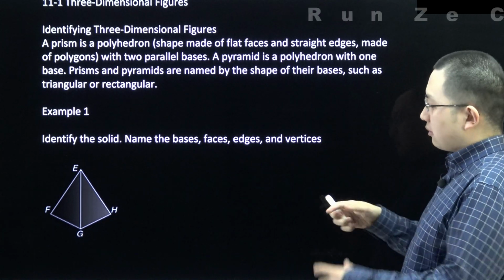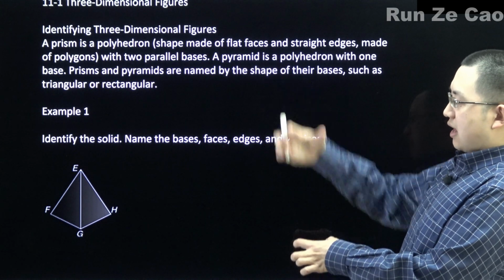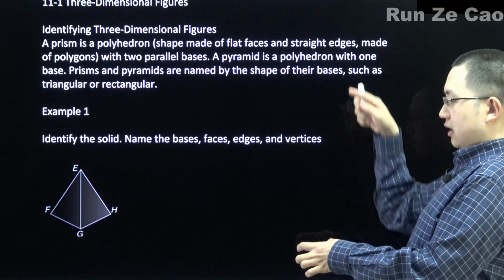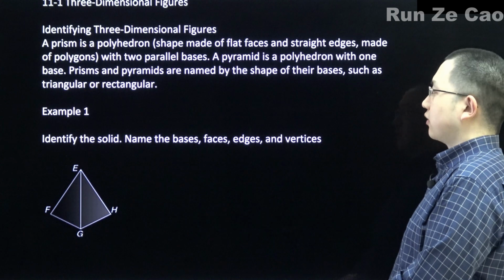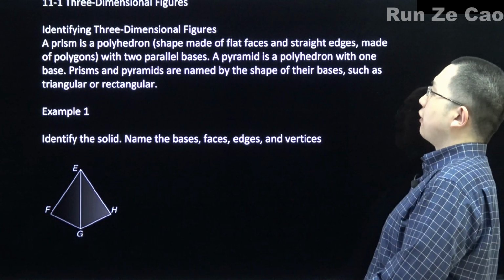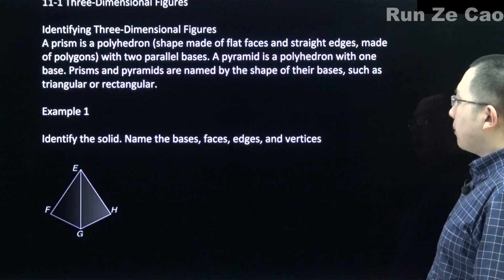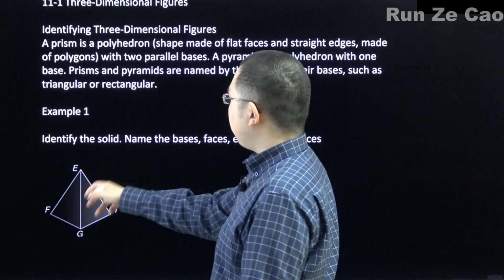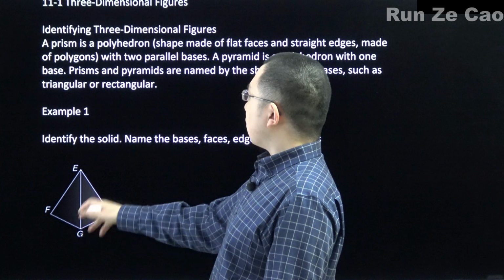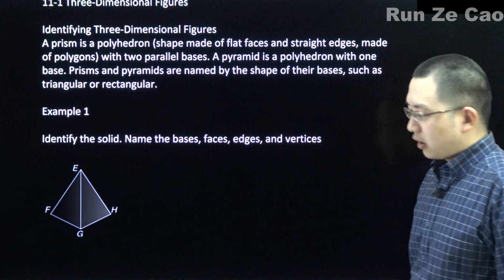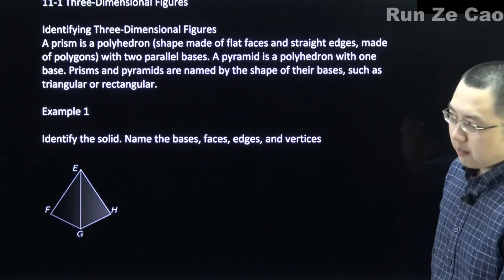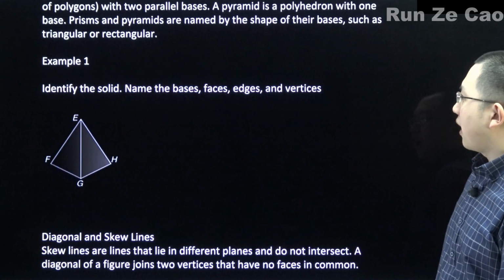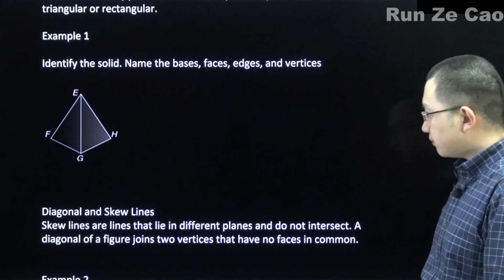So, it has to be just a translation, and then you have the lines connecting each corresponding vertex. And these lines are parallel in a prism. A pyramid has one base, and all the other edges besides the edges of the base go up to a single vertex. Pyramids and prisms are named by the shape of their bases, such as triangular or rectangular.